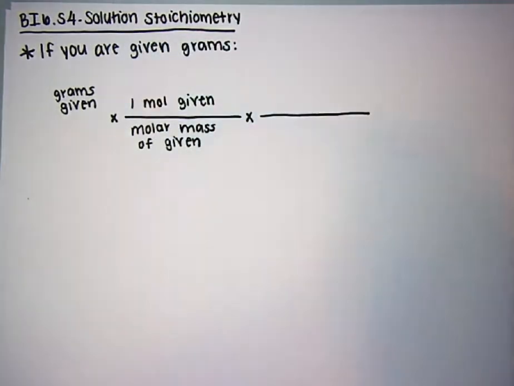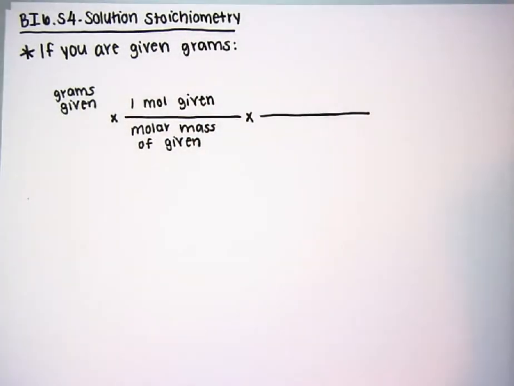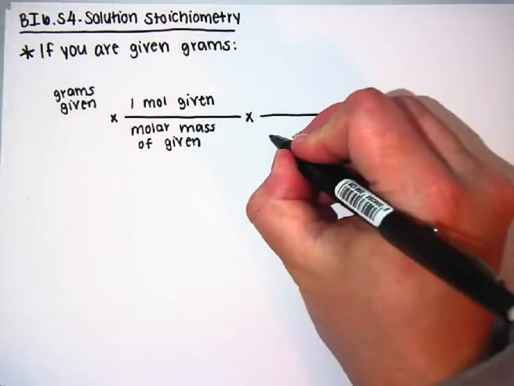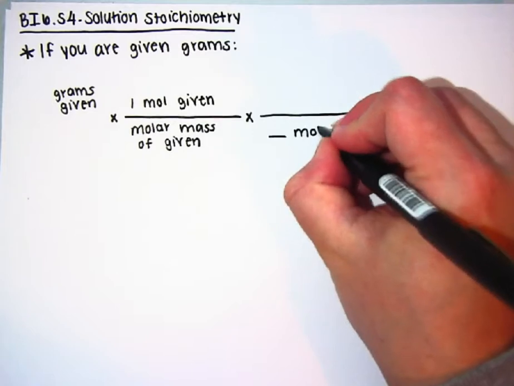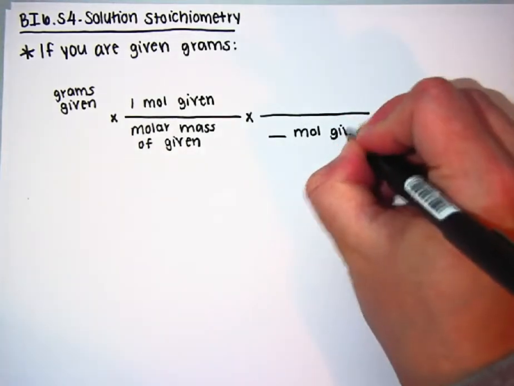In these problems, we are going to be given two different substances. So if we're given two different substances, we need a mole ratio. The denominator would be blank moles of the given.